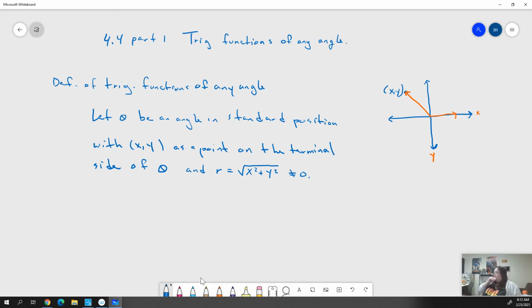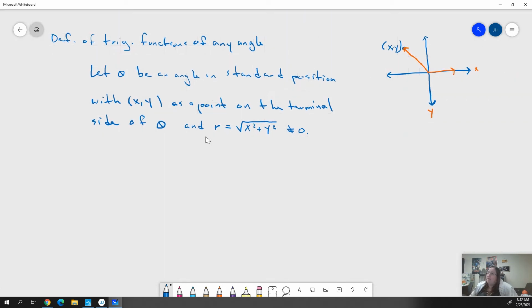So the first thing we need to look at is we've got an x, y and we have an r, right? Normally we don't have an x, y and an r. We've been dealing with x and y. And that is fine in terms of right triangles, but we're not dealing with right triangles anymore. So we need to find an r, a radius.